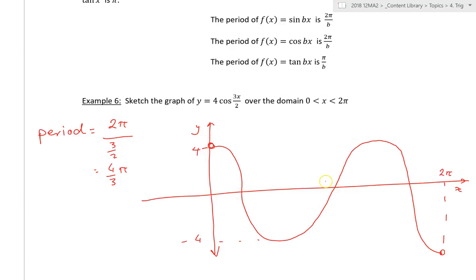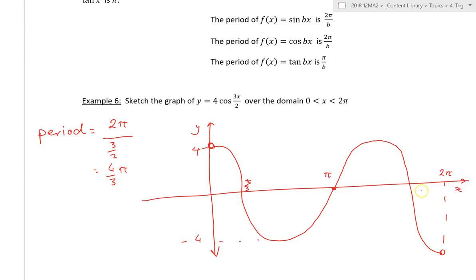So this should be the halfway point here. That's pi. This should be pi over 3. The pen's not working very well. It's pi over 3 there.